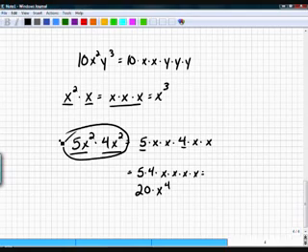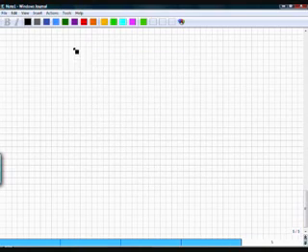I'm going to do a couple more, because this is not the lesson. This is stuff you're going to have to use to do the lesson. If I want to do 6x to the third times 2x squared, 6x to the third, just tell me what it means. 6 times x times x times x. 2x squared means 2 times x times x.